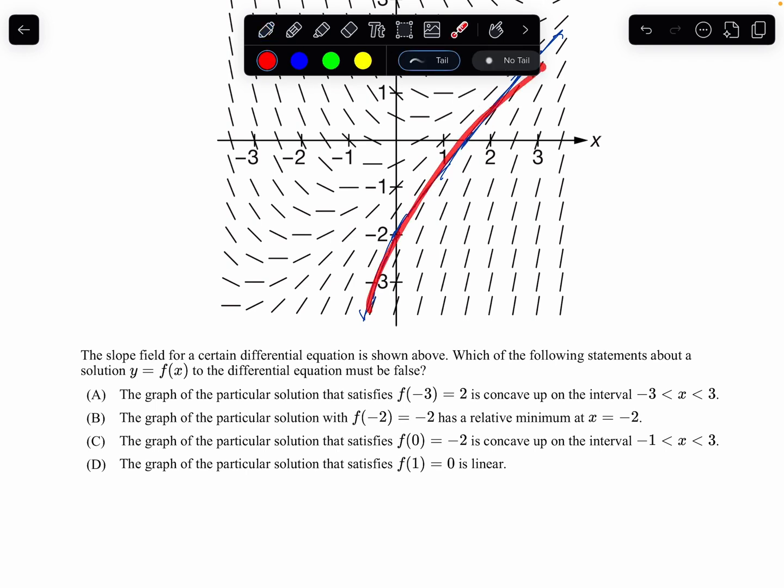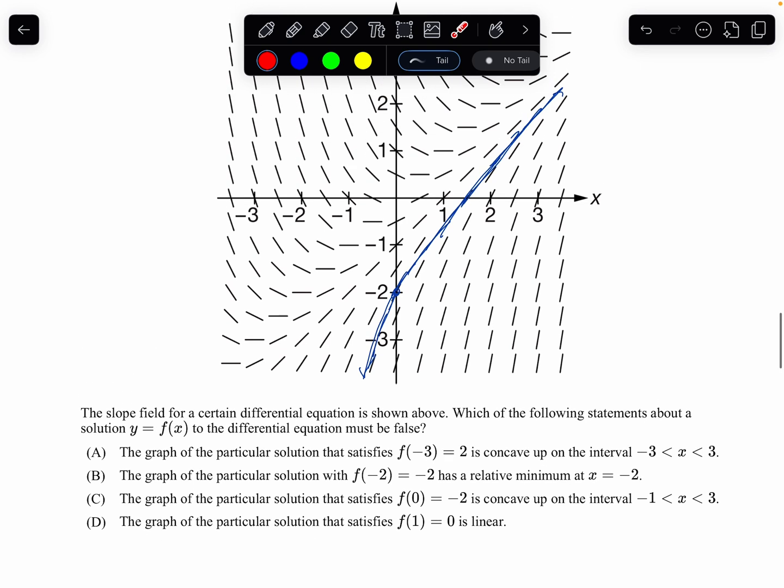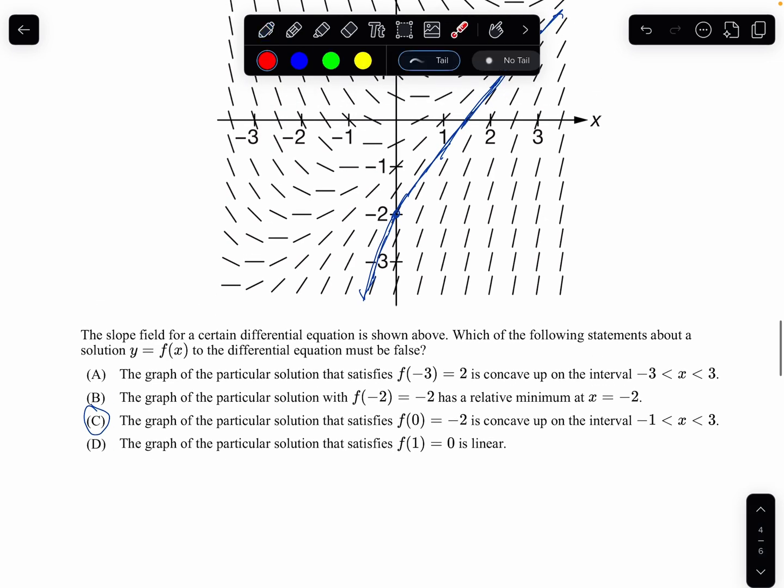Okay, this does not look concave up. Let's check D. The graph of the particular function at 1, 0 is linear. That could be true. That looks like it's linear right there. So yeah, I'm going to go with C, because I think it should be concave down on the interval from negative 1 to 3.